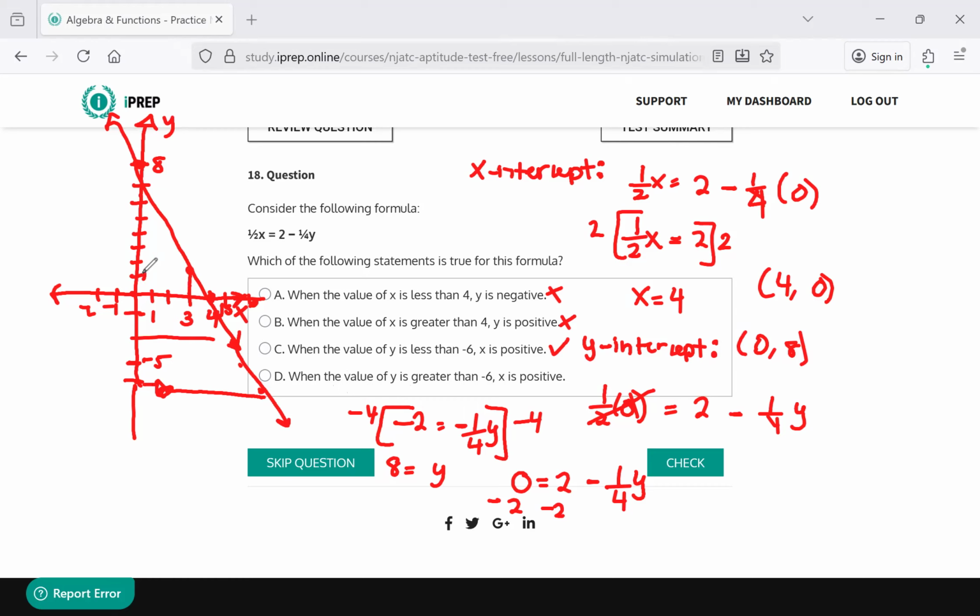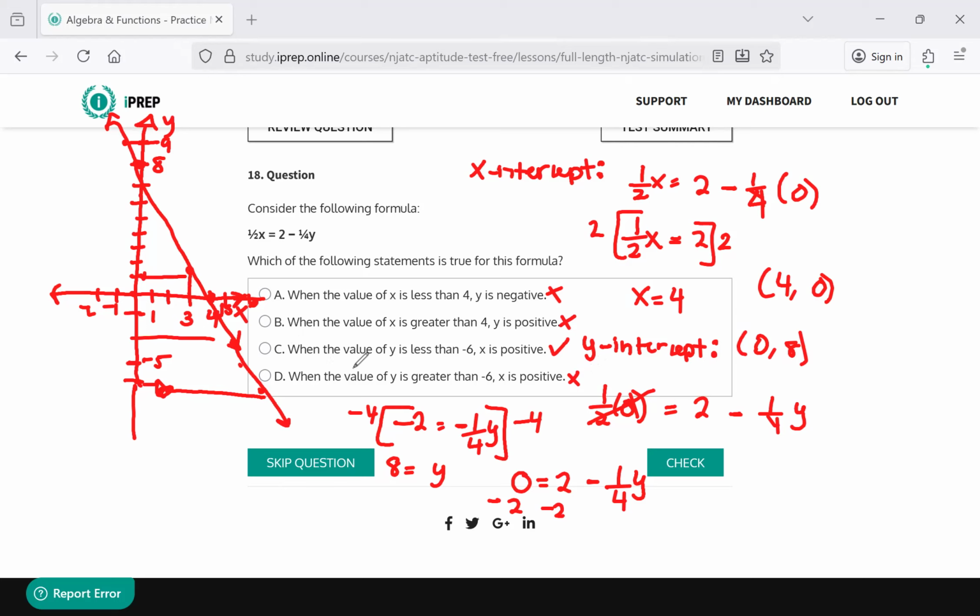So at 1, the x value is positive. But if you go higher, maybe like 8 or even 9, the x value now becomes negative. So this isn't always true. So C is the only one that's always true.